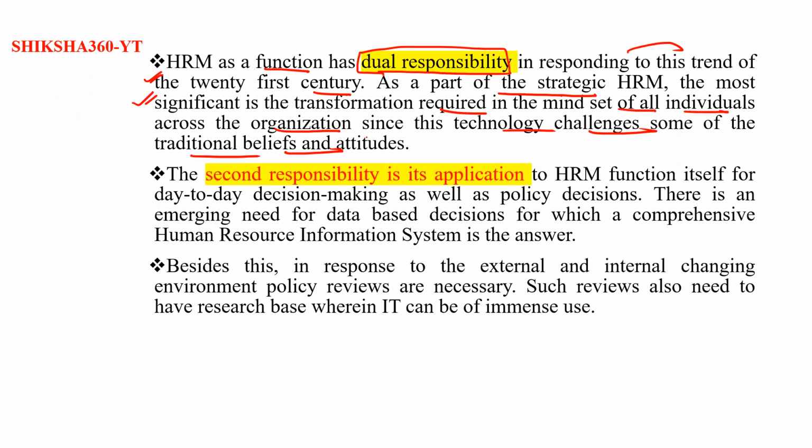The second responsibility is its application to the HRM function itself, for day-to-day decision making as well as policy decisions. So there is an emerging need for database decisions, for which a comprehensive human resource information system is the answer.